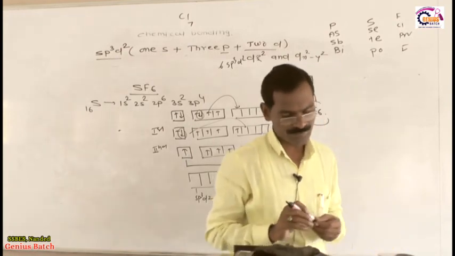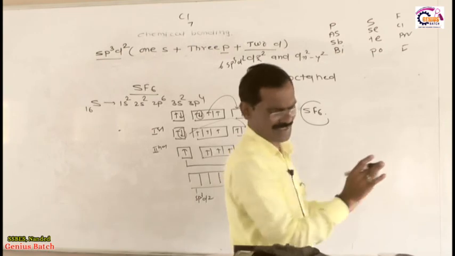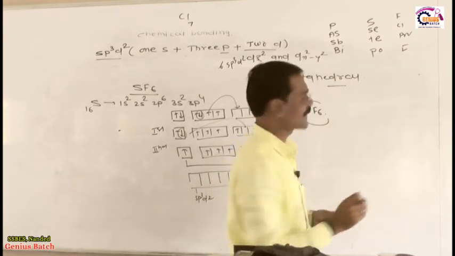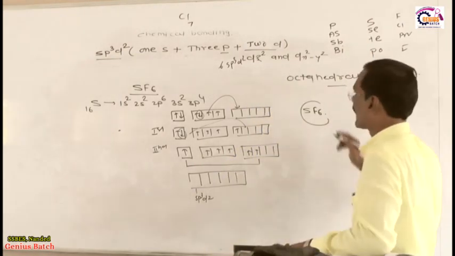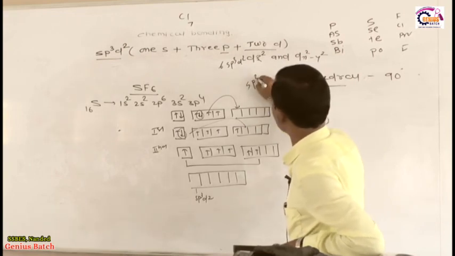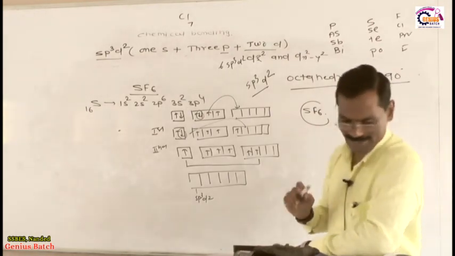Listen very carefully. Octahedral. This is a perfect and crystal clear phenomenon. Geometry is octahedral, and whenever the geometry is octahedral, then the bond angle is 90 degrees. Hybridization sp3d2, geometry octahedral, bond angle 90.